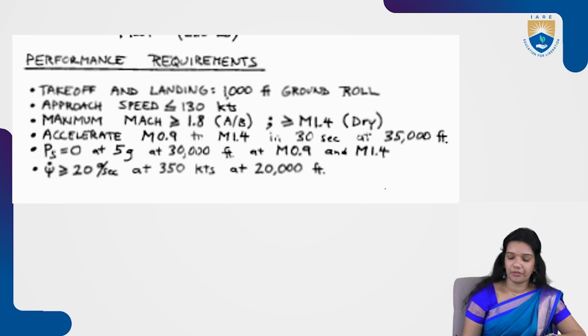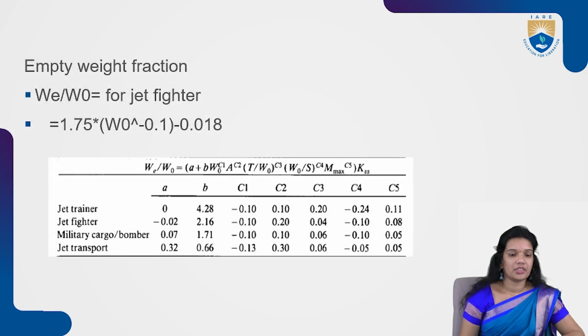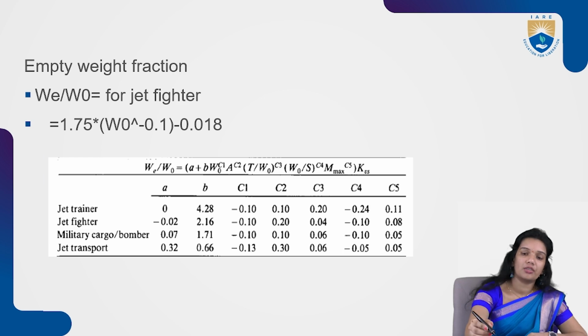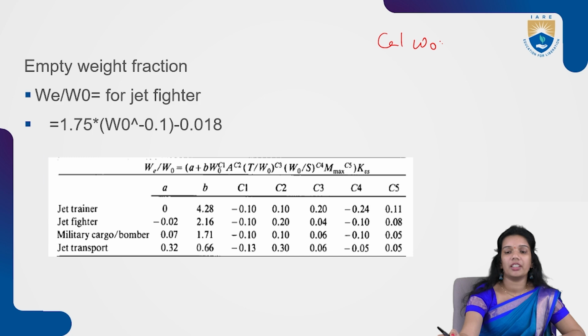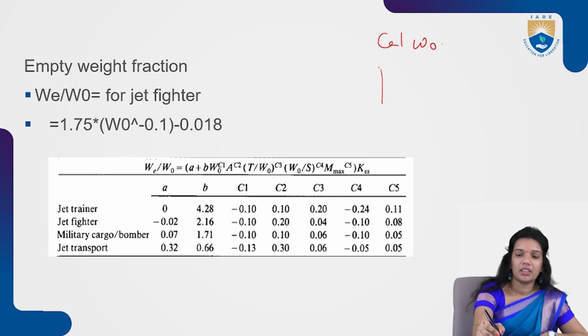So a few data which are going to be related to what we want in our calculation. First, what am I going to do here? All we want is to find the calculated weight. In order to find the calculated weight, we want to make iterations by guessing the weight.